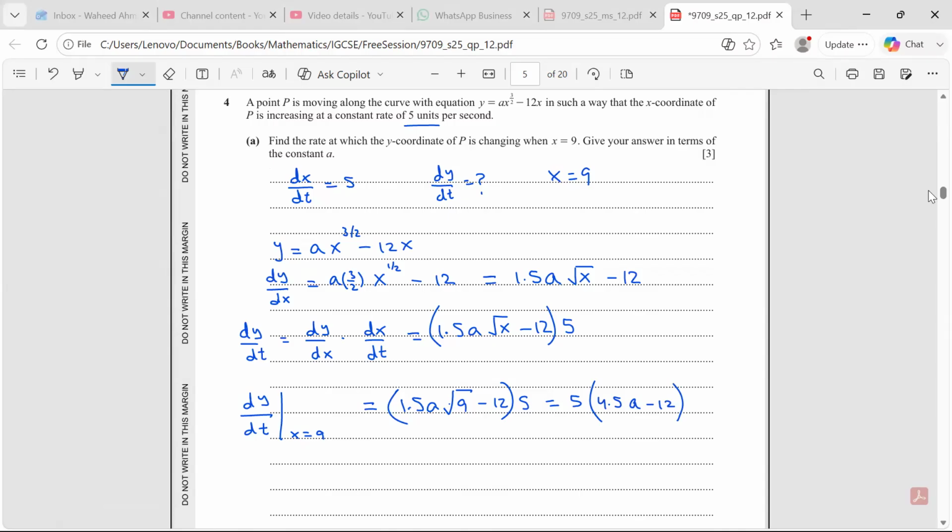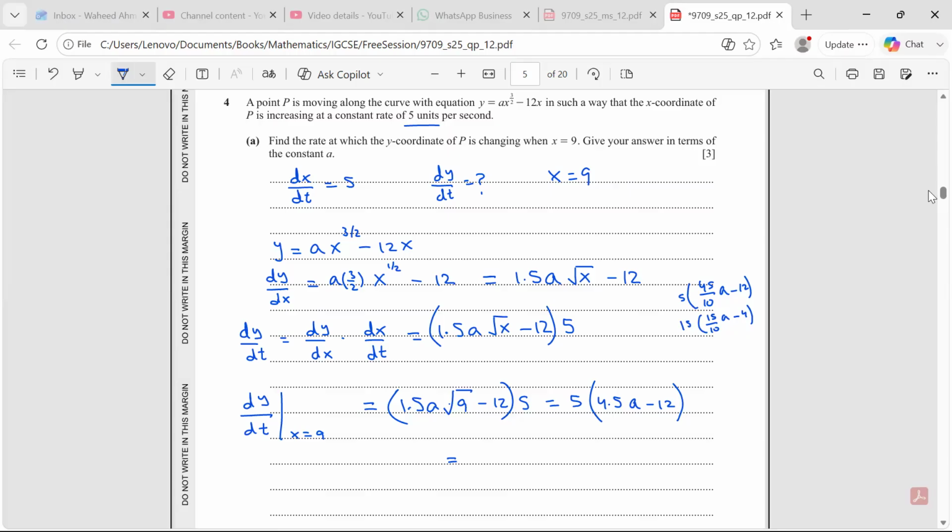Some books write it in a slightly different way. We can leave it as it is. Or if you want, this is 45 over 10 a minus 12, right? So what can I take common further out from here? I can take 3. So 15 over 10 a minus 4.